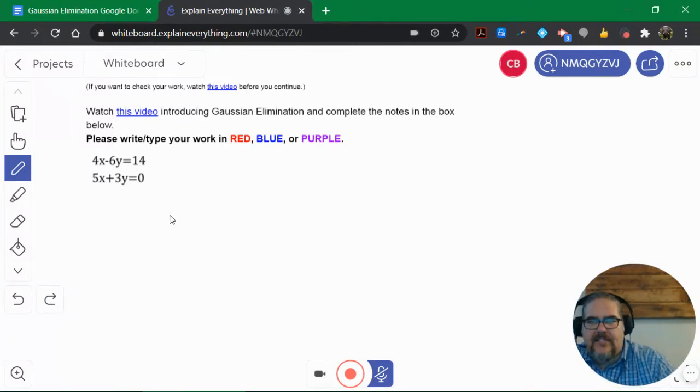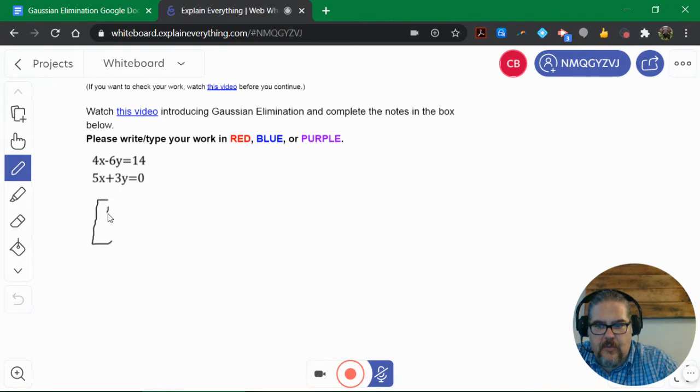Okay, and so what I'm going to do is rewrite this into just the coefficients and the constants. The first thing you want to do is make sure your x's and your y's are lined up in the right columns, and in this case they are. And so we're going to transfer the coefficients down here.